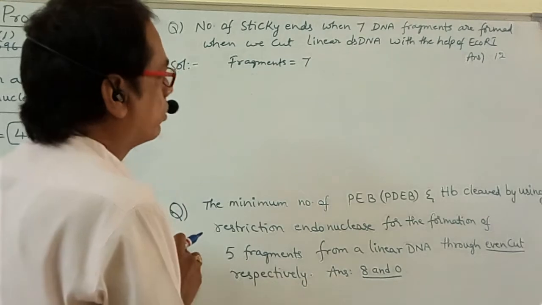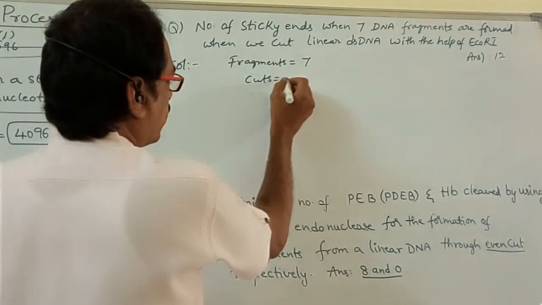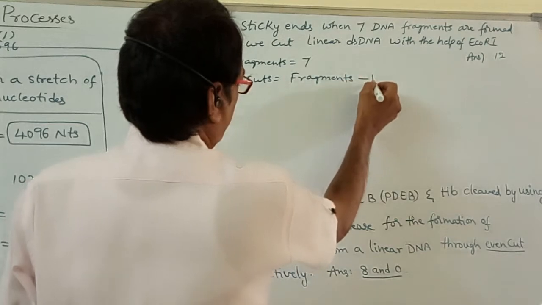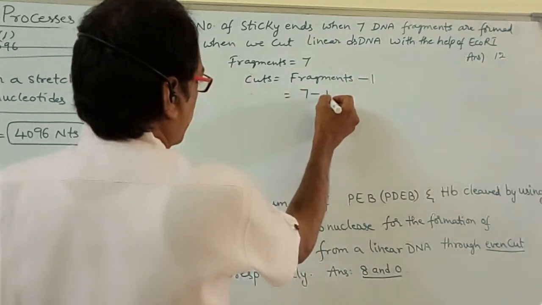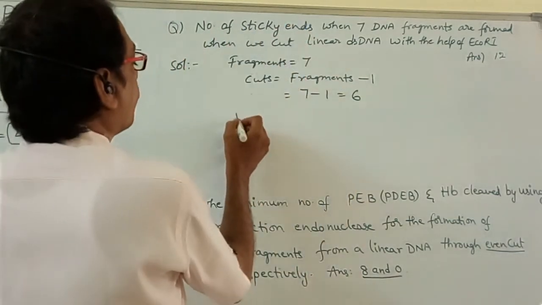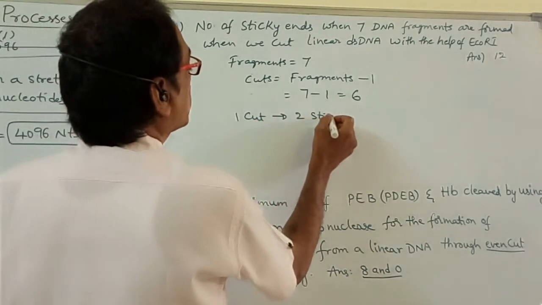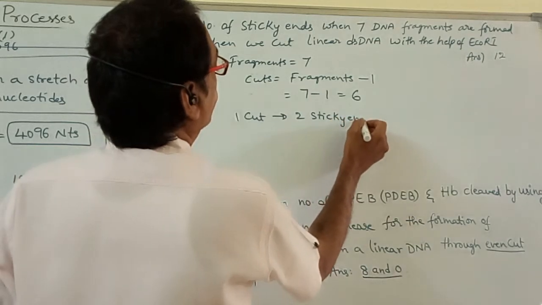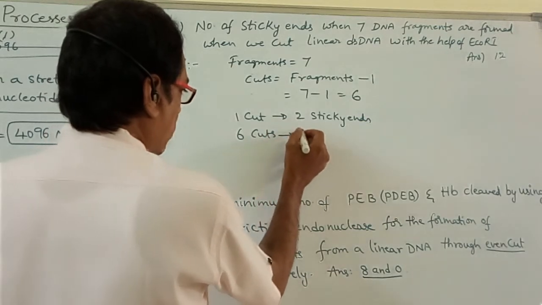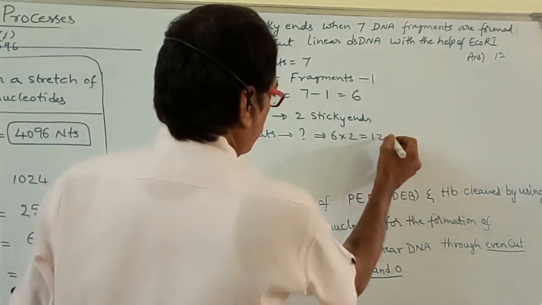So first of all we have to get cuts. Cuts is equal to fragments minus 1. Fragments means 7 minus 1, that is equal to 6. So for one cut, 2 sticky ends are obtained. For 6 cuts, that is equal to 6 into 2, that is equal to 12.